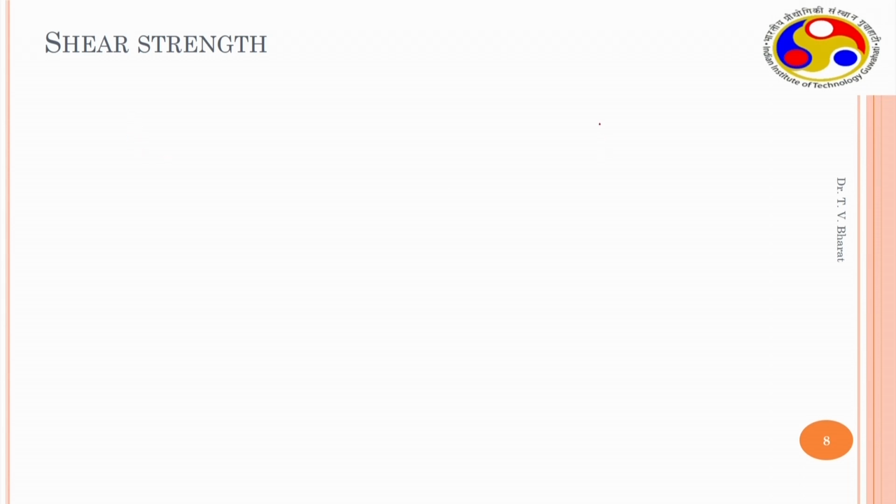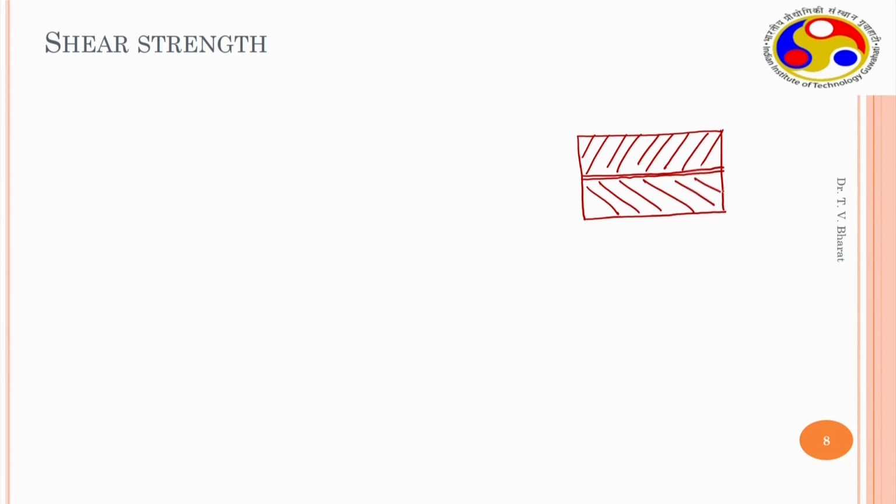In our direct shear tests, we have two halves. So this is soil and this is soil again, and you have, say, porous plates at the top and bottom, and this is connected to a rigid base.